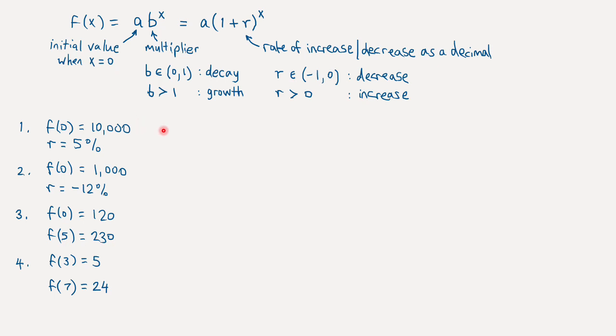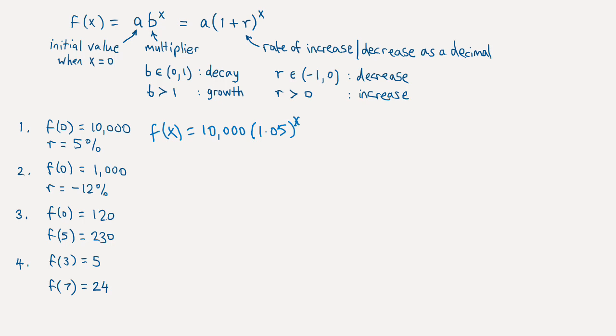So the function here is written f of x equals, so the initial value 10,000, and then the multiplier b is written as 1 plus r, where r is the rate of increase expressed as a decimal. So r is 5%, so as a decimal that would be 0.05. So 1 plus 0.05 is 1.05 to the power x.